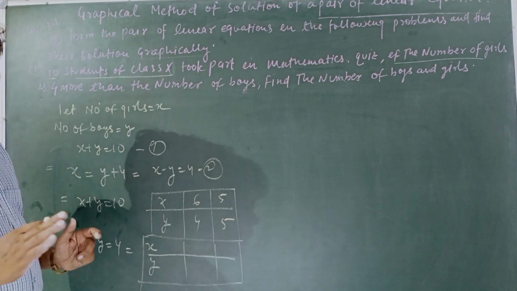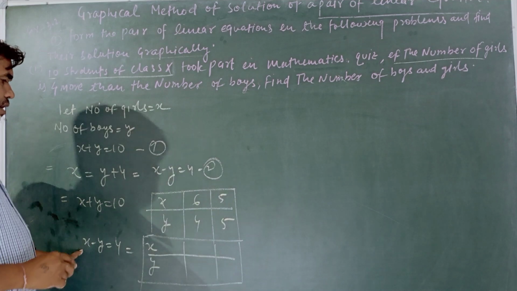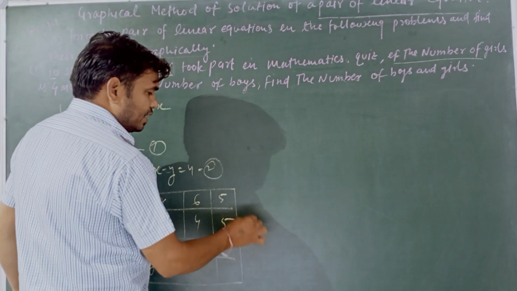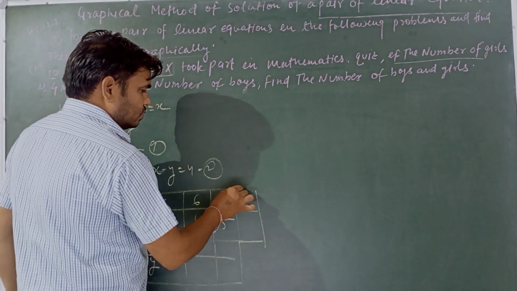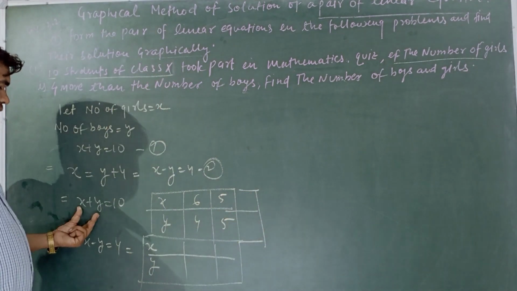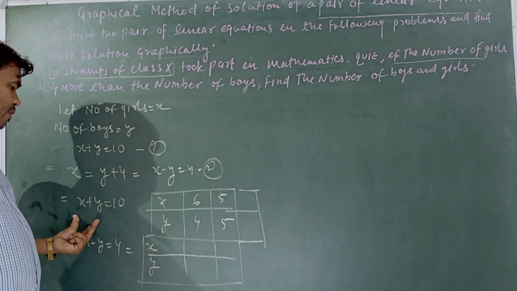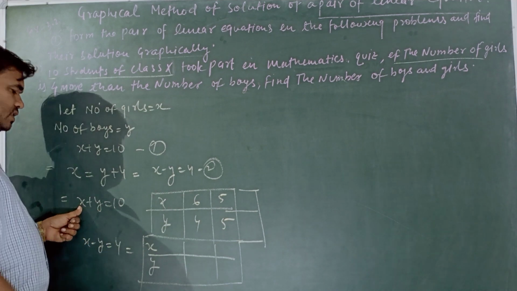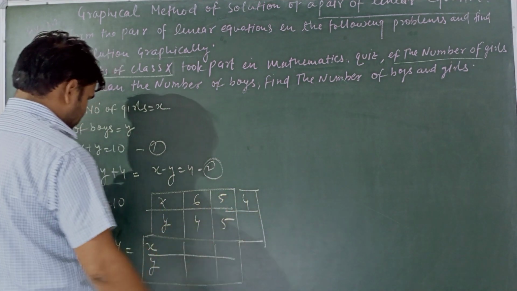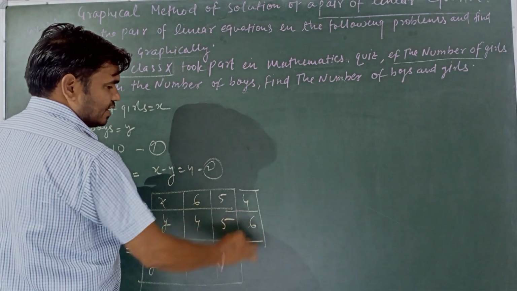You can put any numbers here. For x plus y equal to 10, x can be 4 and y can be 6.